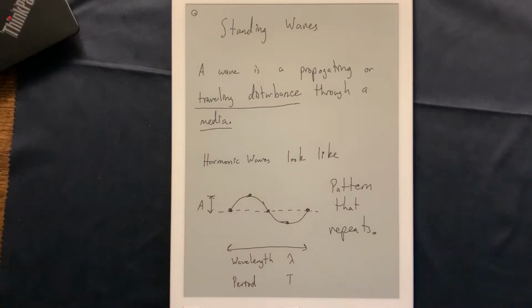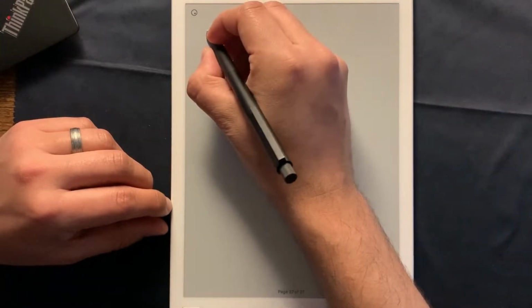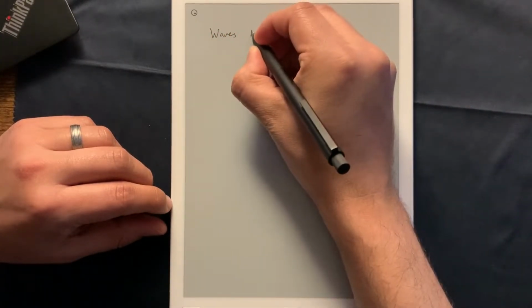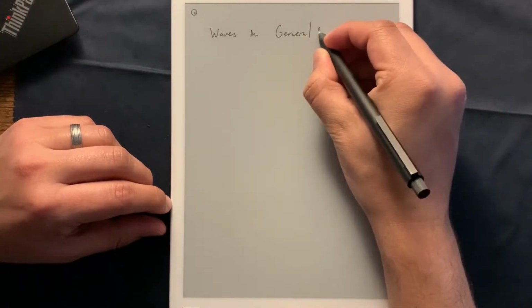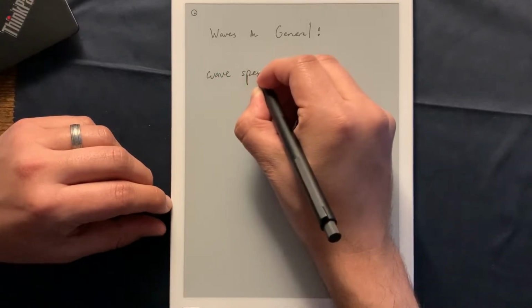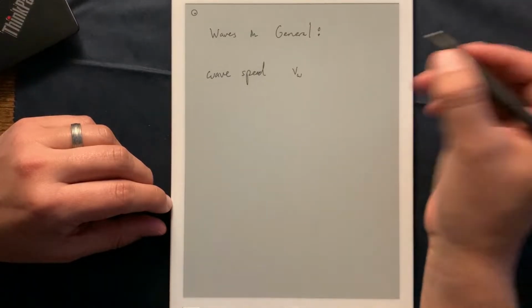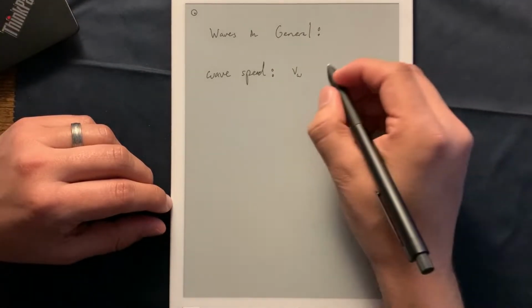And so there's a couple of interesting parameters. In general, for waves, there's usually a wave speed, and we usually say v_w, or v omega. The w is for wave.